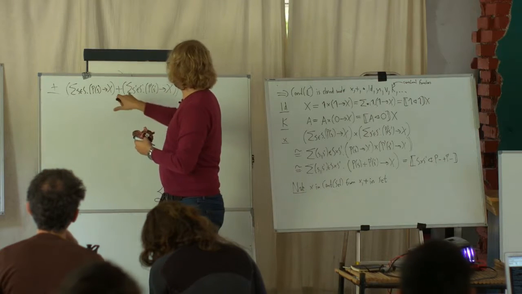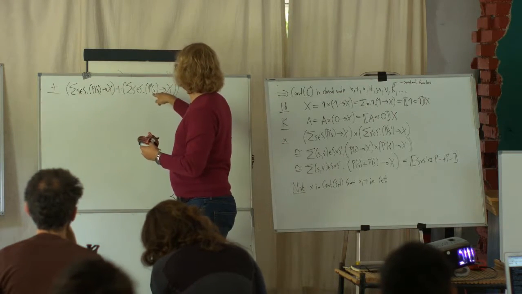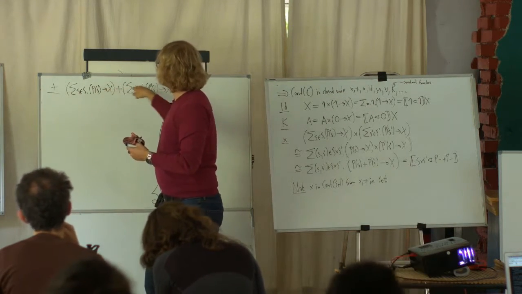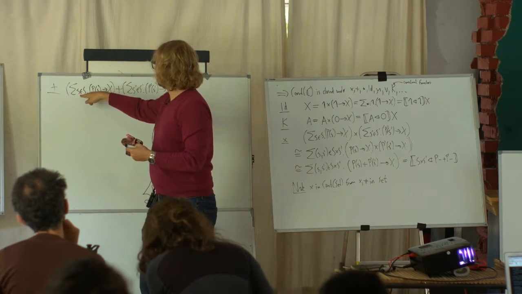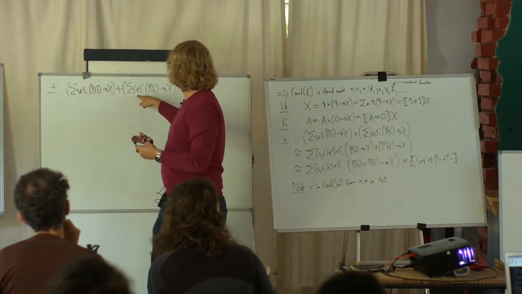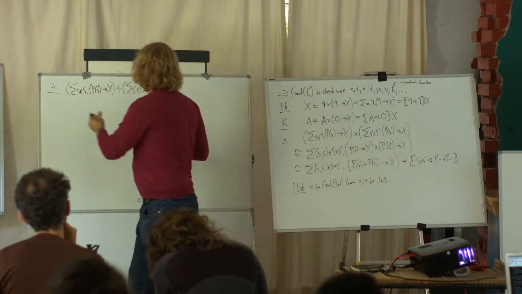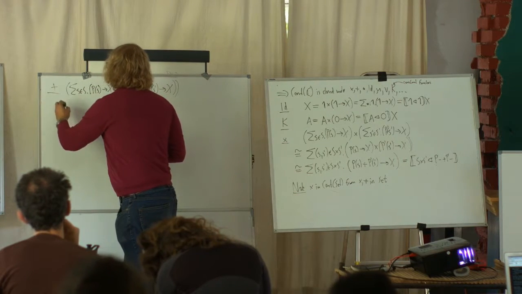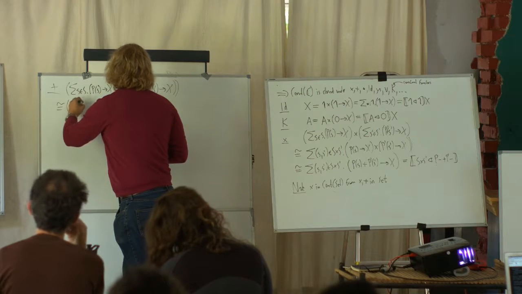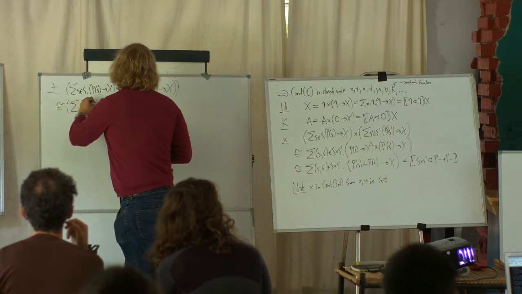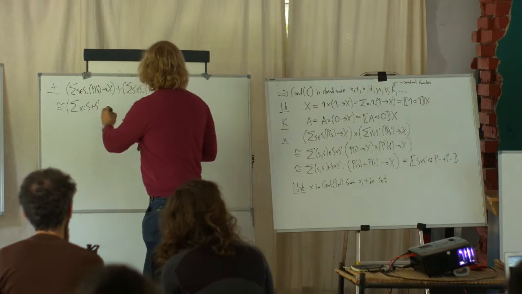Okay, so what does it mean to choose between these two? Well, no matter which side you choose, you have to choose between giving a shape in S or a shape in S prime. So this is the same as a choice of an X in S plus S prime.